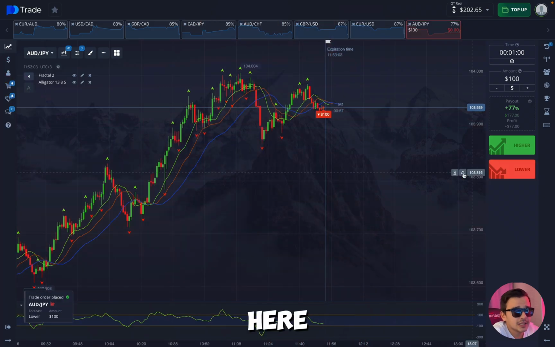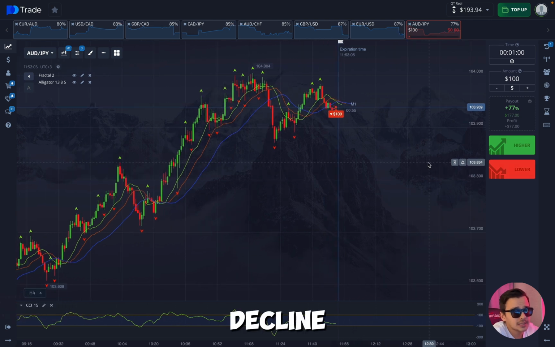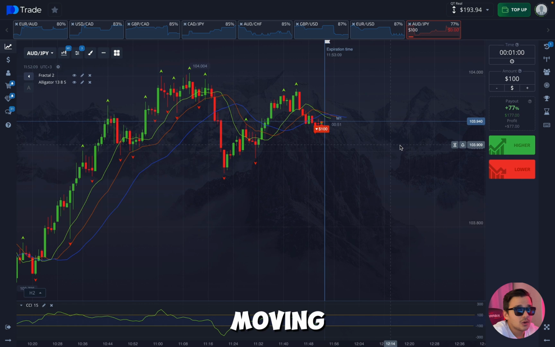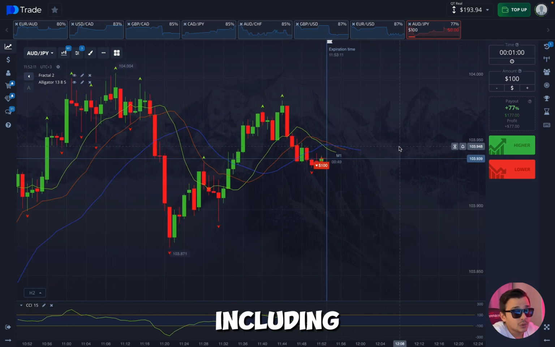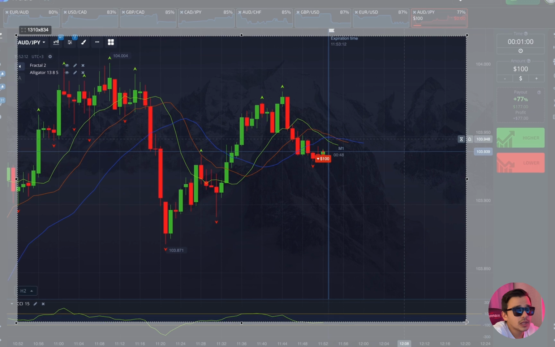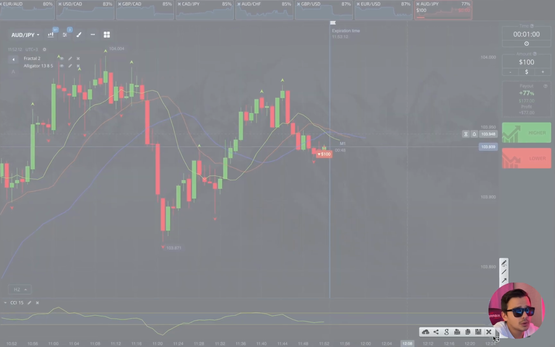In fact, here you can open a deal on the price at this line. I'm oriented here on the moving lines of the Alligator. Including here, I observe a small crossing of the moving lines from top to bottom.